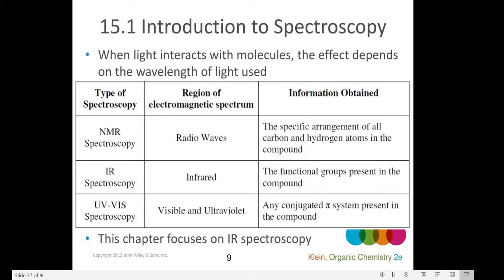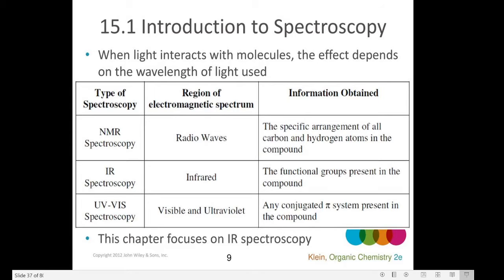What information is obtained from NMR? It gives the specific arrangement of all carbon and hydrogen atoms in the compound. We can understand the arrangement of carbon and hydrogen atoms in the compound. Another one is the functional groups present. FTIR spectroscopy depends fully on the functional groups present on the cell surface.